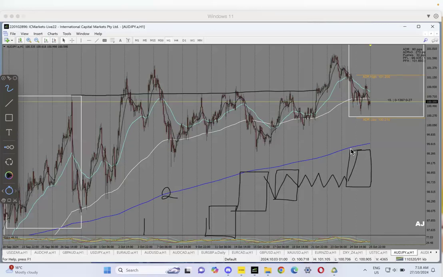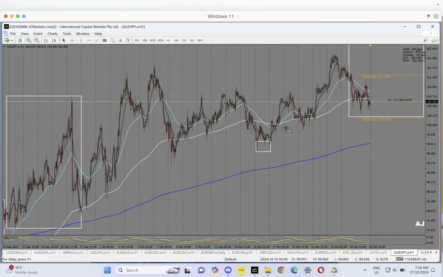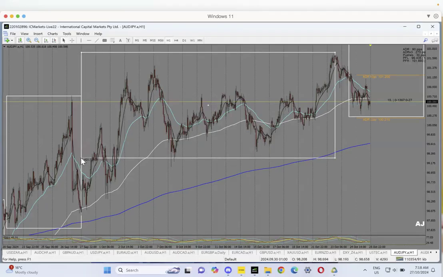Or number 2, this one right here, all right? This one could be my level 3, all right? Because it is fairly higher than that one.